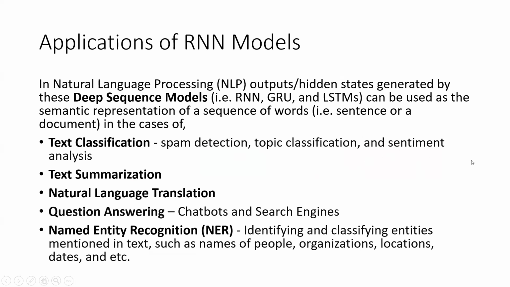And sentiment analysis, which is about this news is bad, this news is happy, this news is sad, and how we can classify a text into the sentiment involved in it. Those belong to text classification, and text classification is possible with these RNN models.